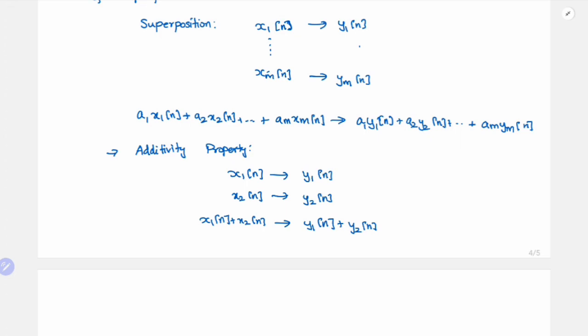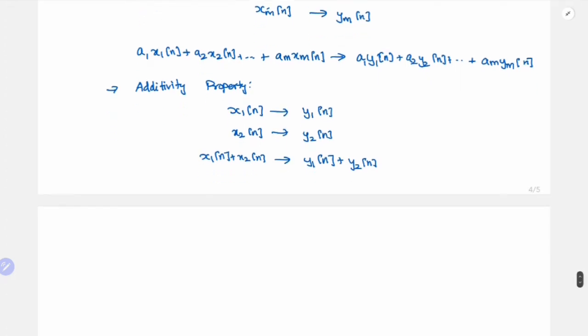So this is your additivity property. But this alone is not enough. You also need the property of homogeneity. This is also called the scaling property.